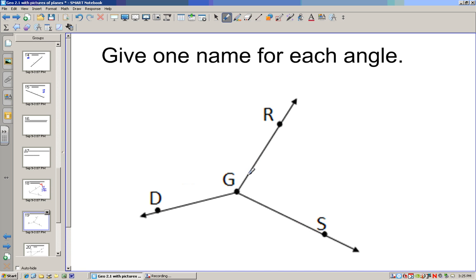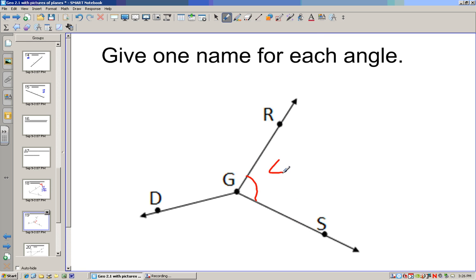Now in this situation, if I want to name this angle, I cannot say angle G. That doesn't work because angle G could mean this angle, it could mean that angle, it could mean a lot of different things. So what we have to do is use three letters when there are multiple angles from one vertex.